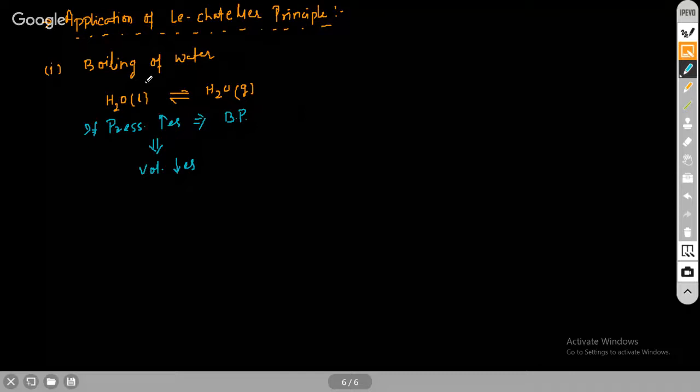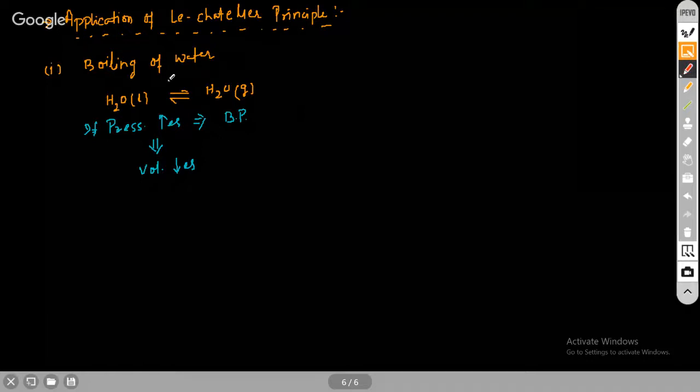So gaseous molecules always occupy more volume than liquid and solid also. So obviously this side, the liquid side, we have less volume than the gaseous side.